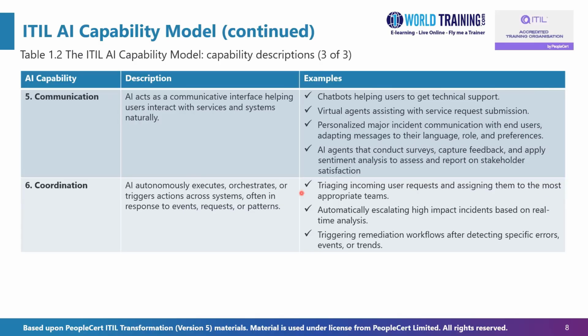So similarly, triaging can mean classifying an incoming query into either a service request or an incident, or it can also mean, in other situations, prioritizing a specific request or incident. Then automatically escalating high impact incidents based on real time analysis, triggering remediation workflows after detecting specific errors, events, or trends. So as you can see, AI has got some interesting applications of different types.